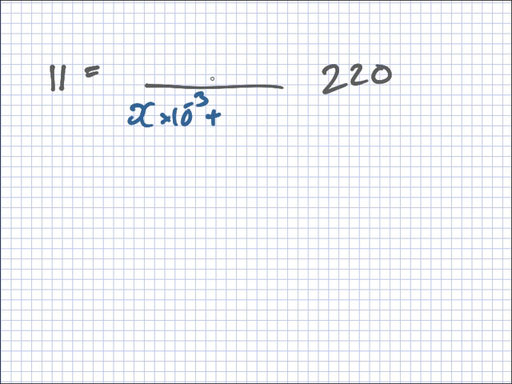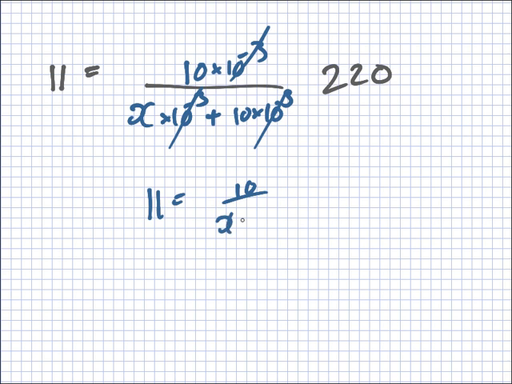10 milliohms. 10 times 10 to the minus 3. And on the top here is 10 times 10 to the minus 3. But they all cancel. So you get 11 equals 10 over x plus 10 times 220.